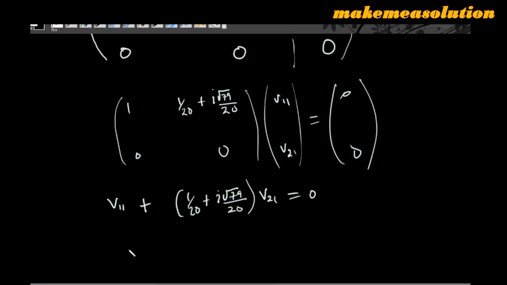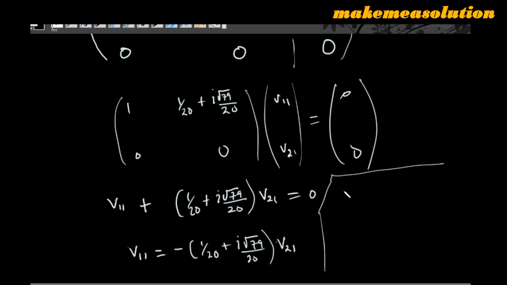So with this, we can find a relationship. We can simply say that our v11 is equal to negative 1 all over 20 plus i root 79 all over 20 times v21, like this. Is that okay? So we've gotten this. So we can now see, let me just make a small line here.